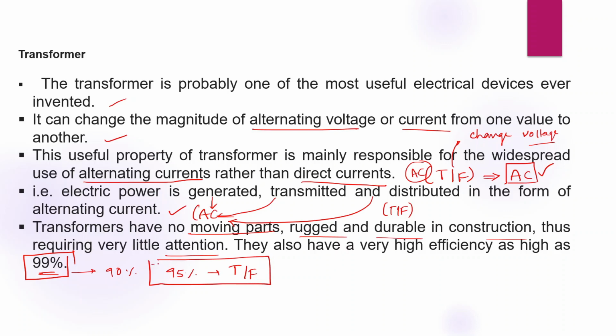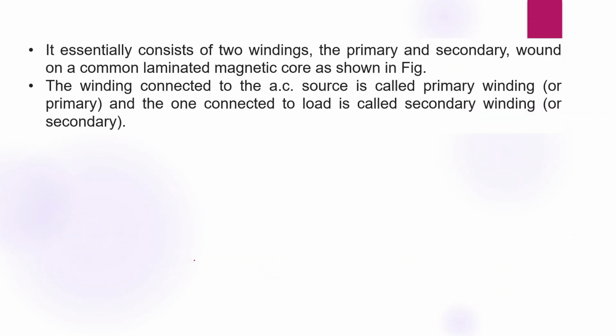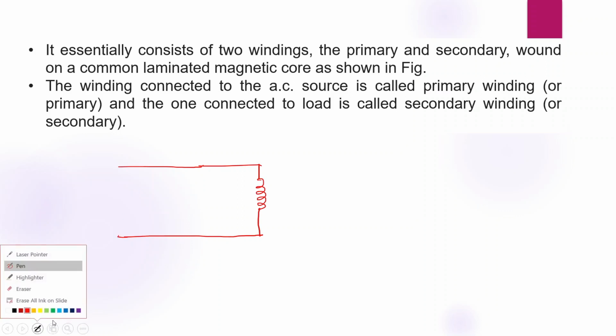Now let us see what a transformer is made of. Here the transformer has two circuits, so it has two windings. Let us say this is coming from one line, and we are going to use a transformer here to change the voltage level.